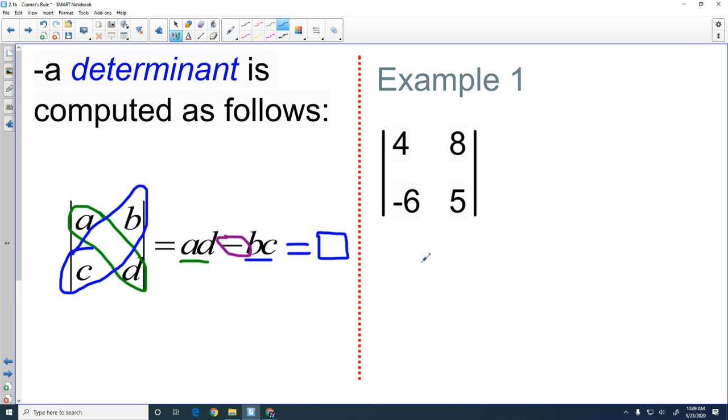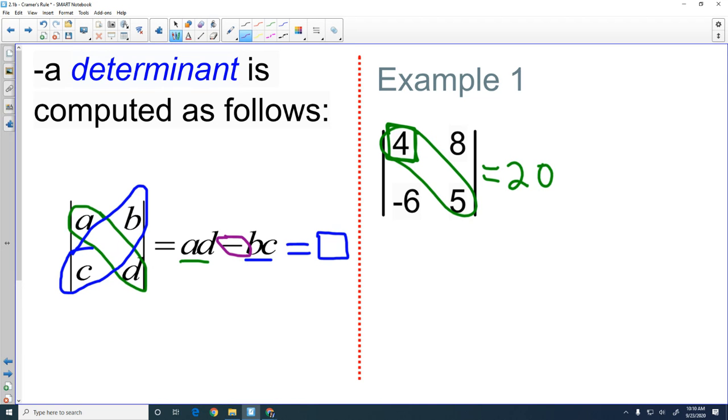Just like in my little note on the left side, we start by taking the first diagonal. I always remember the first diagonal because it's in the upper left corner, just like if I were reading a book or a website, you always start in the upper left-hand corner. You multiply those two numbers together. In this case, 4 times 5 is just 20.